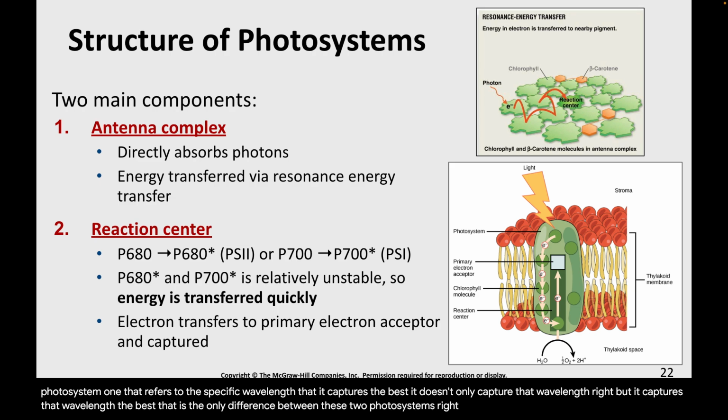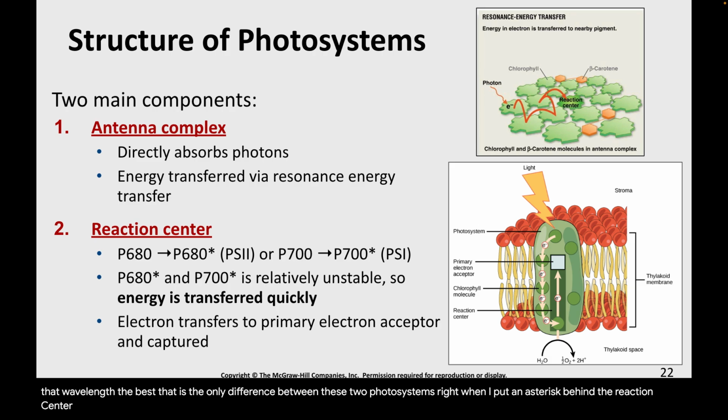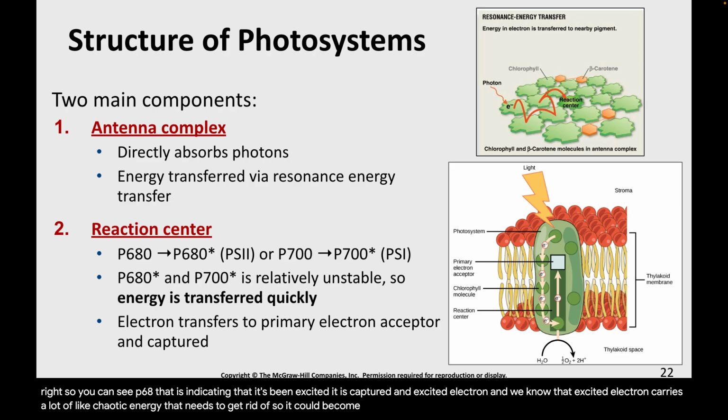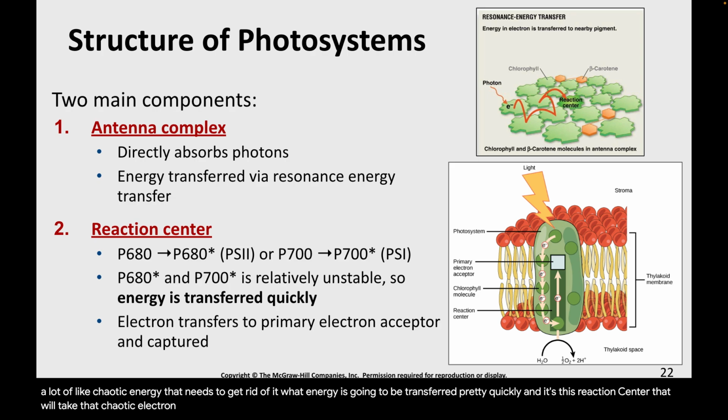When I put an asterisk behind the reaction center, so you can see P680 asterisk, that is indicating that it's been excited. It has captured an excited electron. And we know that excited electron carries a lot of like chaotic energy that it needs to get rid of so it can become stable again. So that energy is going to be transferred pretty quickly. And it's this reaction center that will take that chaotic electron and give it away to an electron receptor.